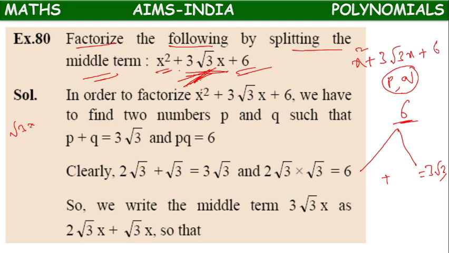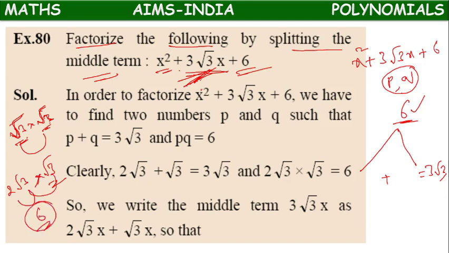For root 3 to be cancelled, we have to multiply with another root 3. Then root 3 into root 3 will become 3. But the product we need is 6. So we can take 2 root 3 as one number, root 3 as another number, so that root 3 into root 3 will become 3, and 3 into 2 will become 6.